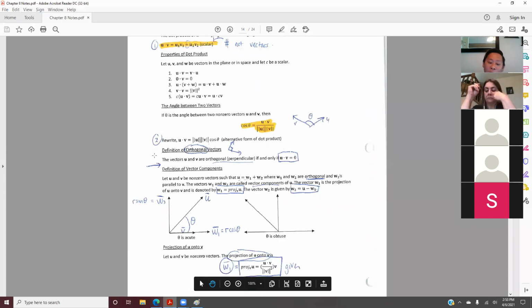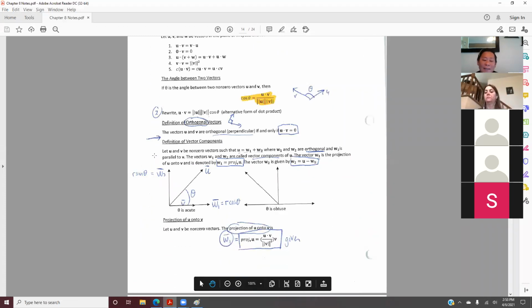Next, now we're going to talk about projection. This is something that, if you go for physics, is where you figure out your force, where a vector is usually a force in physics. So we will break this into what we call a vector component form.